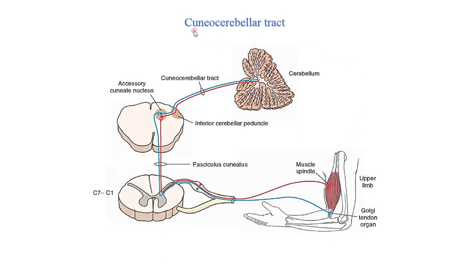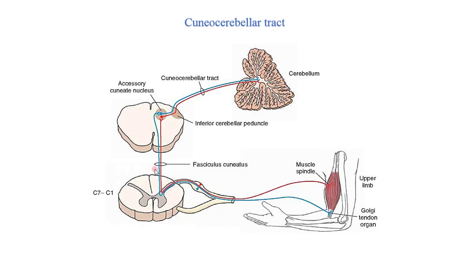Well, the cuneocerebellar tract is the equivalent of the posterior spinocerebellar tract. Its first order neurons originate in the upper limb and torso and enter the spinal cord in the spinal region C1 to C8. While their cell bodies are still found in the spinal ganglia, the central processes of these first order neurons do not synapse in the gray matter of the spinal cord.